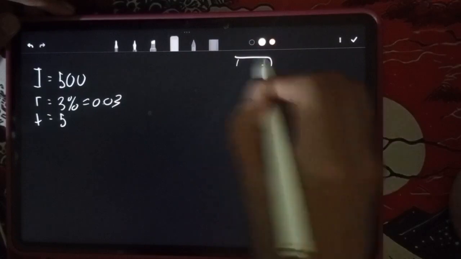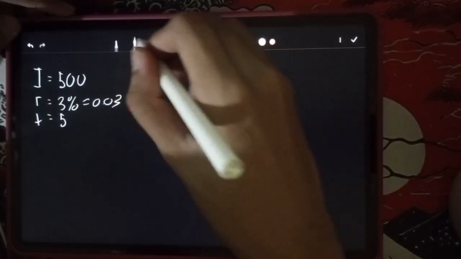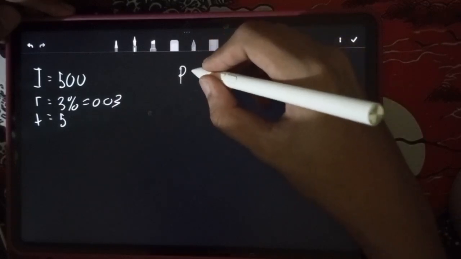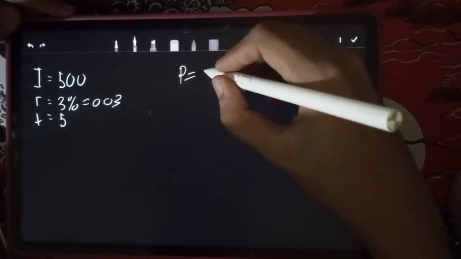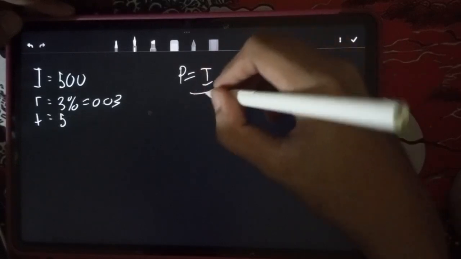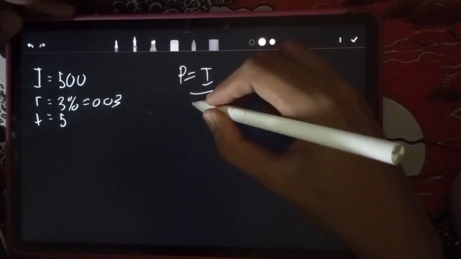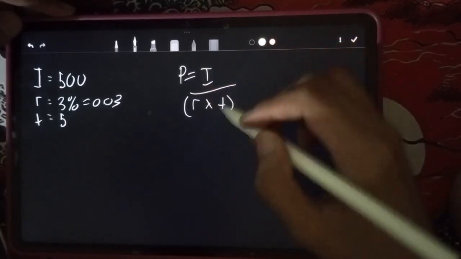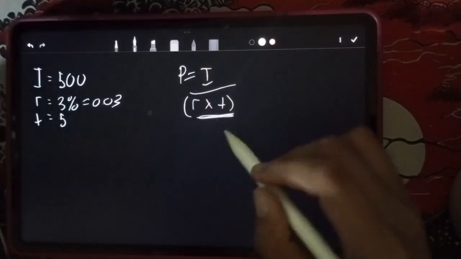Now let's do the formula, which is P equals I divided by R times T. Let's do the parentheses first.